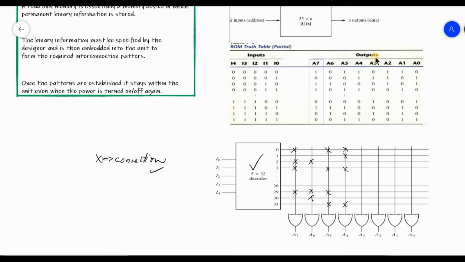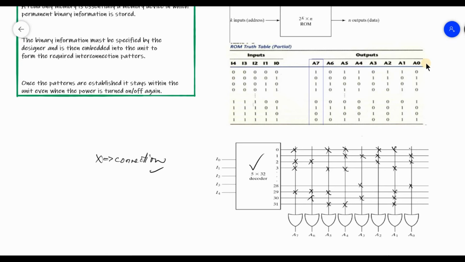Moving on to A3, we have 0, 1, 0, 0, 0, 1, 0, 0, and then 1, 0, 1, 0, 1, 0, 1, 0. Moving on to A2, we have 1, 1, 1, 1, 0, and then all other remaining zeros. Coming to A1, we have 1, 0, 0, 1, 1, 0, 0, 1, and then 0, 1, 1. And finally for A0 we have 0, 1, 1, 0, 0, 1, 1, 0, and 1, 0, 0, 1, 1, 0, 0, 1.